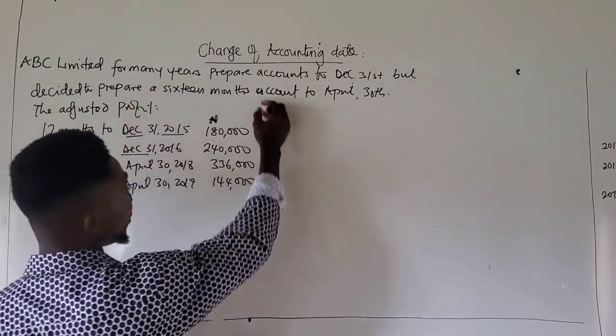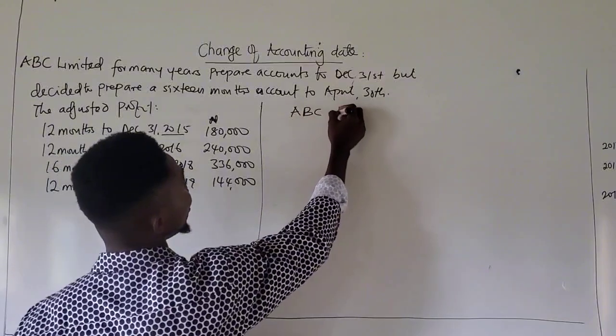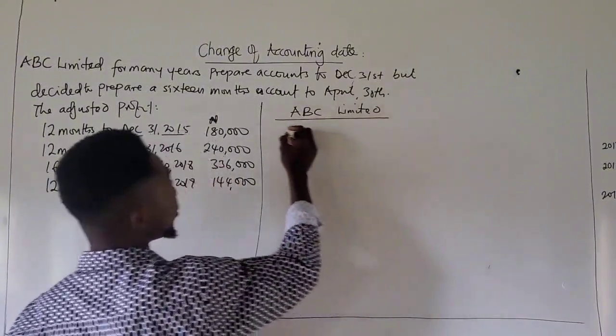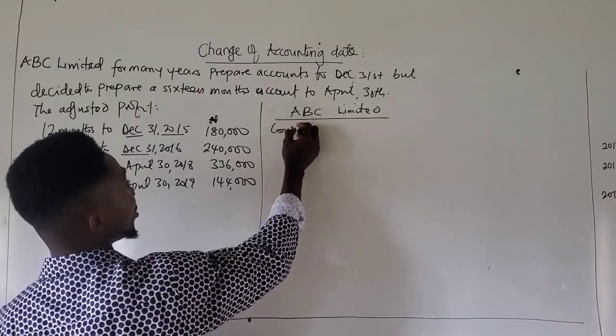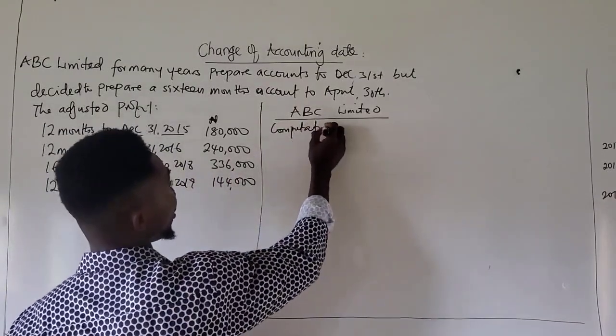So we bring the name of the company down. Say ABC Limited. Let's try to manage this space. Computation to be based on the requirements. Let's say required to compute the assessable profit for the relevant years.